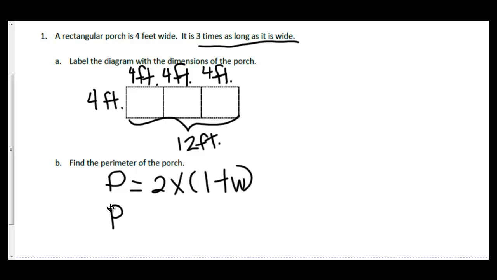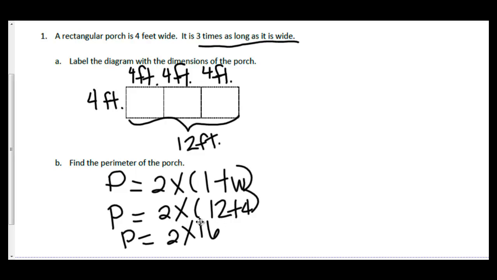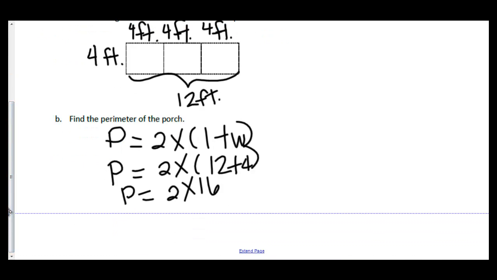So the perimeter would equal 2 times 12 plus 4, and that would be 2 times 16. And 16 times 2 is 32. So the perimeter equals 32 feet. You could have used a different perimeter formula, and if you like another formula better, go for it. I just happen to like this one, so I chose to use it. You should get the same answer as me, even if you used a different formula.